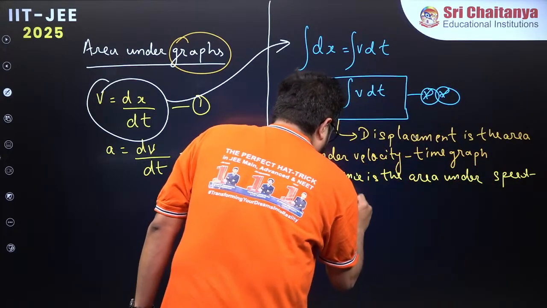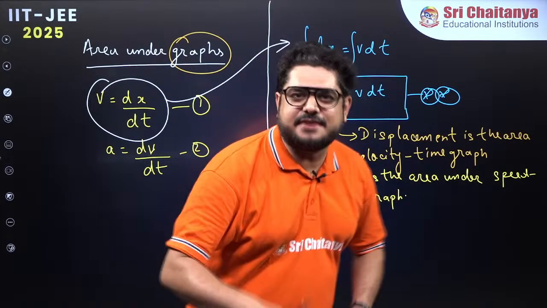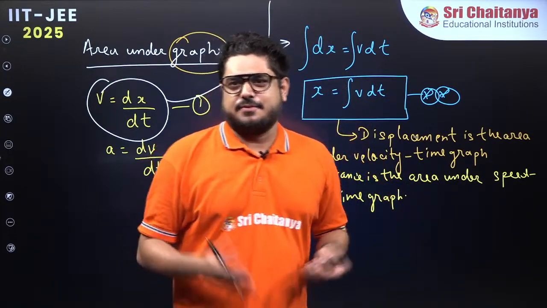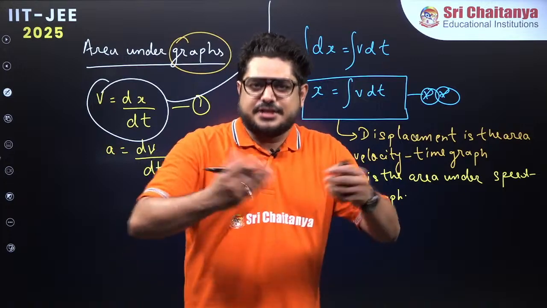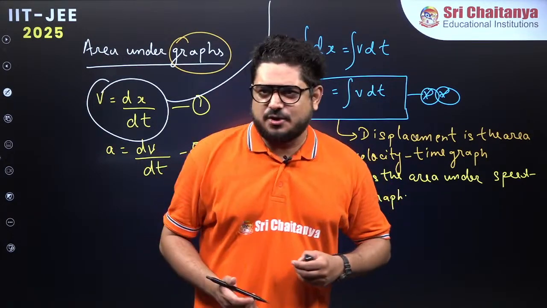But let me tell you honestly, you can calculate the distance from the velocity time graph as well. Obviously we have a set of questions which we are going to discuss right now.